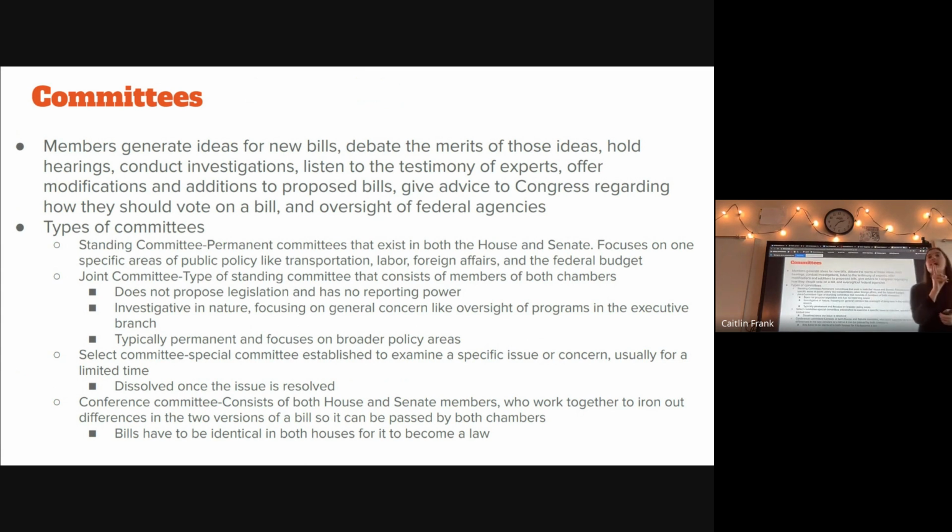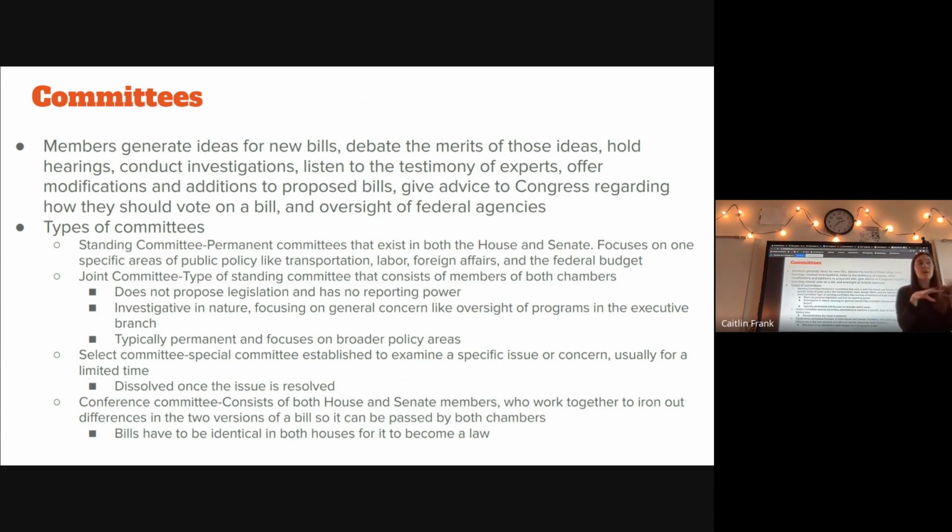There is another type of both the House and the Senate coming together in a committee, and that's called a conference committee. This is a specific type of committee when a bill's becoming a law, when it's passed the House and it's passed the Senate, but there are differences in the bill that have to be ironed out. Because for a bill to make it past Congress, it has to be identically passed in the House and the Senate.